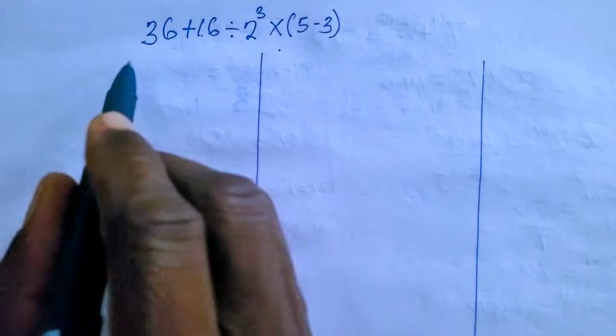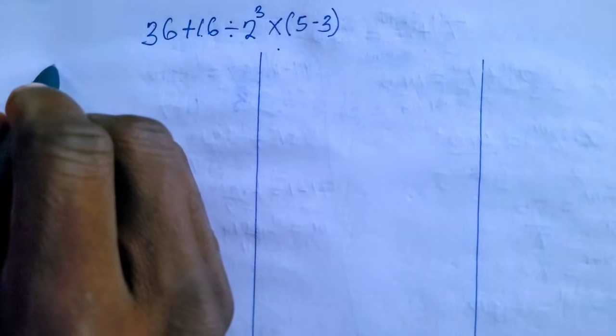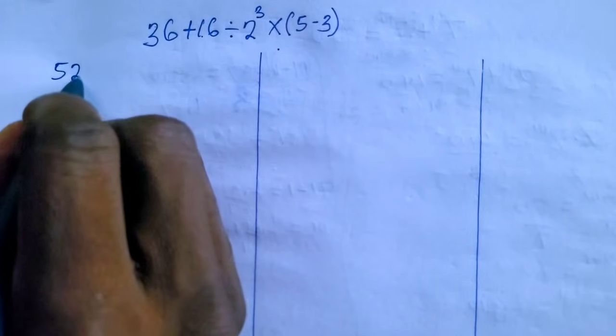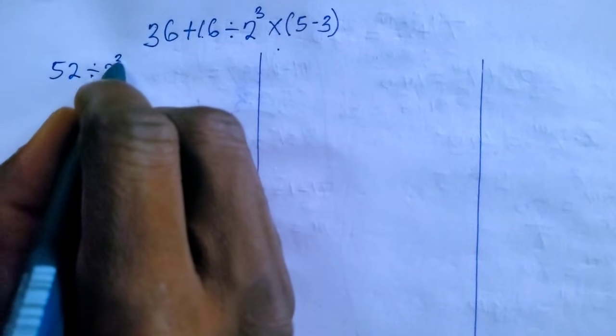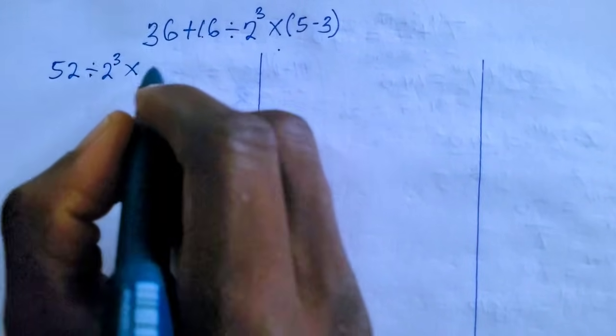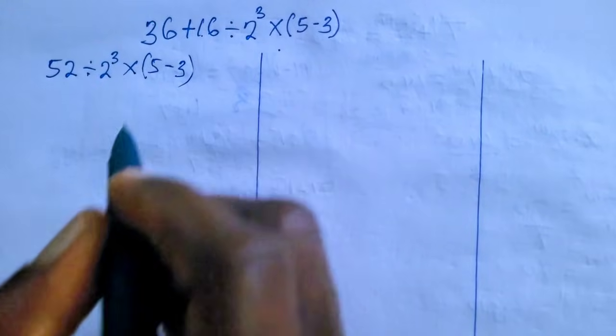Here many people see it as 36 plus 16, that gives 52, divided by 2 to the power of 3 multiplied by (5 minus 3).